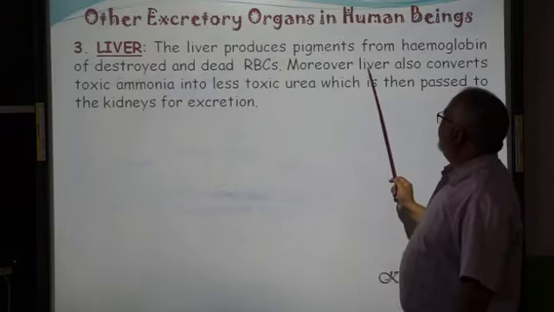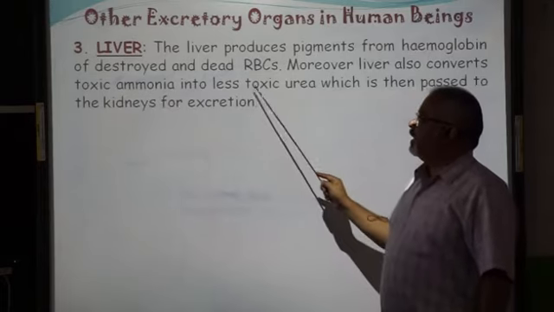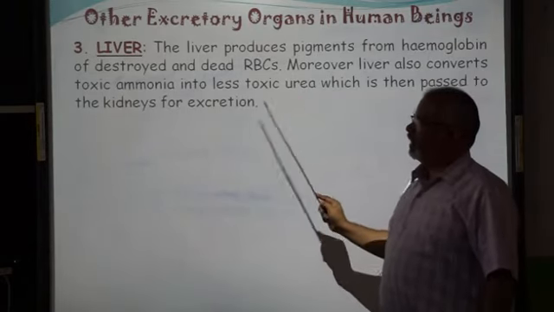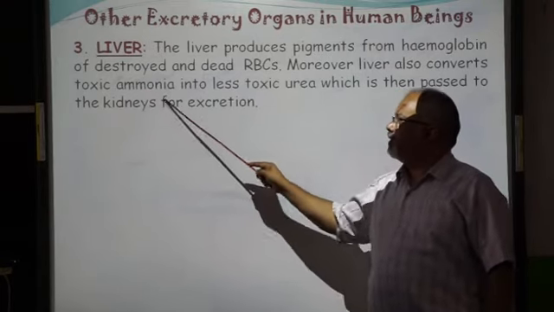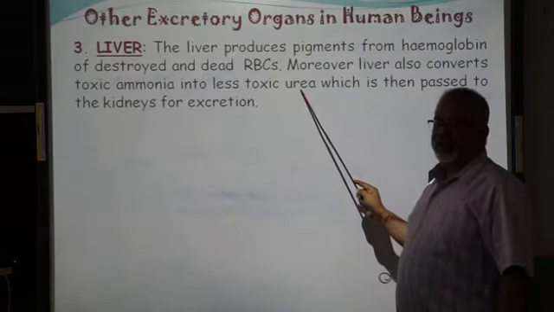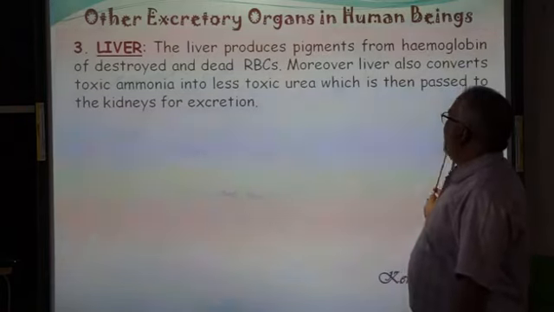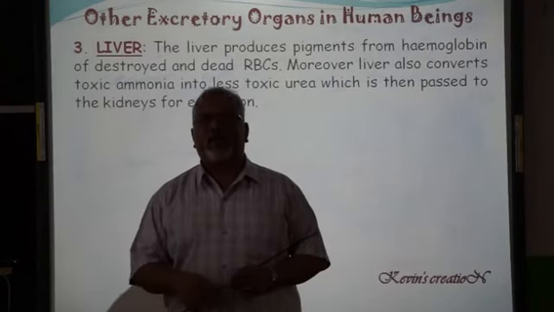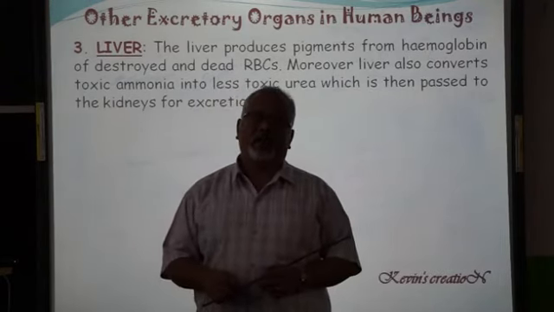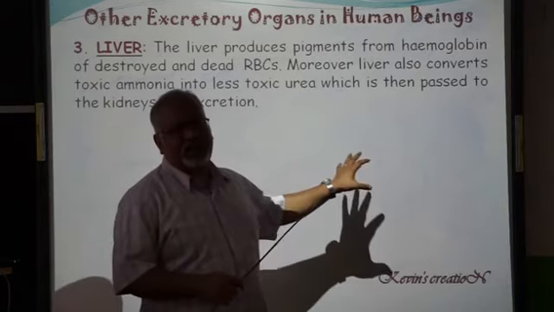Not only this, it also converts toxic ammonia into less toxic urea. Ammonia is more poisonous, so it is converted into urea, which is less poisonous, which is then passed to the kidneys for excretion. So here the liver also plays its role in helping the function of excretion.